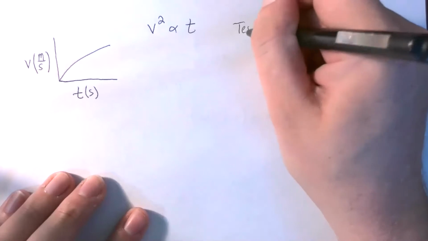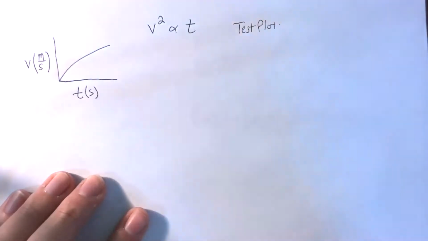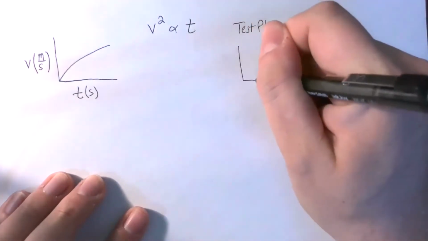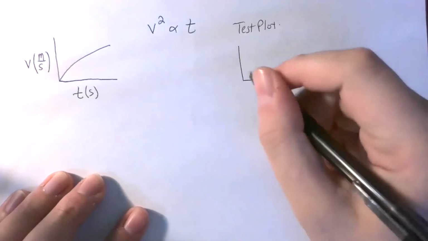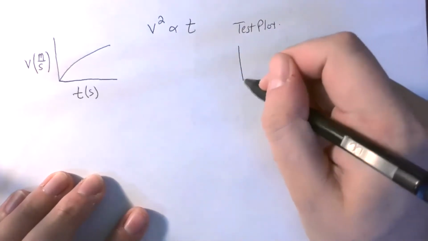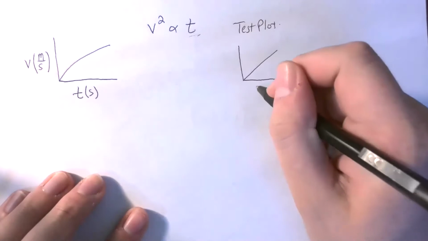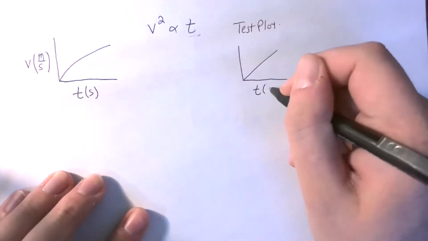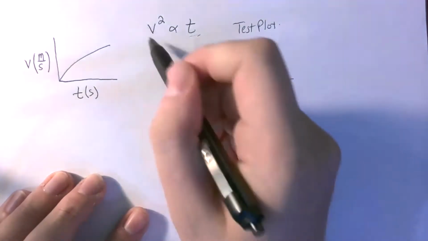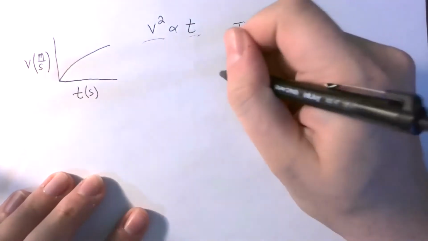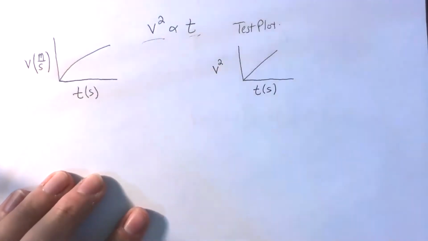So to create our test plot, in order to get a straight line, we would want to plot T as it was on the x-axis, but we would take V and square it on the y-axis.